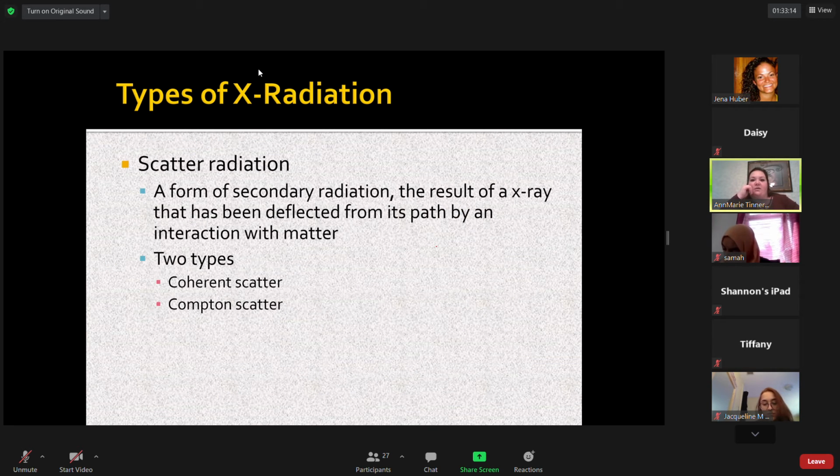All right, scatter radiation is a type of secondary radiation that results when an X-ray that has been deflected from its path interacts with matter. You do not want to have scatter radiation. There are 2 types of scatter radiation called coherent and Compton.